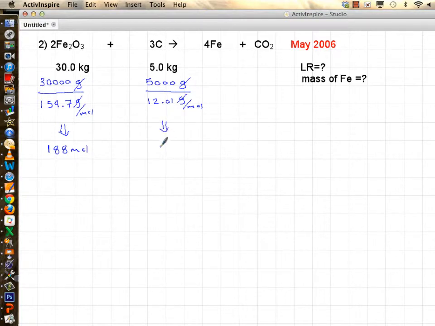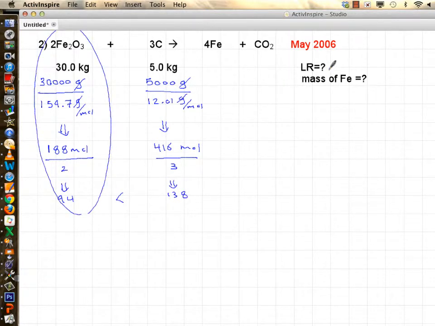In case of carbon, I will have 416 moles. Now let's divide by their coefficients, and the smaller quantity indicates the limiting reactant. 188 divided by 2 is 94. 416 divided by 3 is 138. 94 is smaller, therefore Fe2O3 is my limiting reactant.